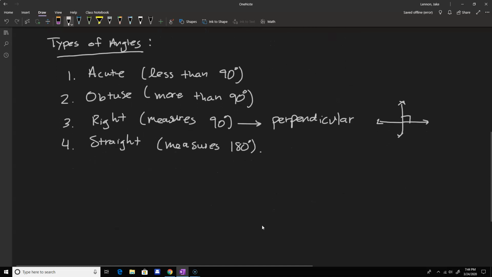All right, so let's continue. So we have some facts from geometry that allow us to solve for missing angles in problems if those come up. So let's say propositions. These are just facts about angles.